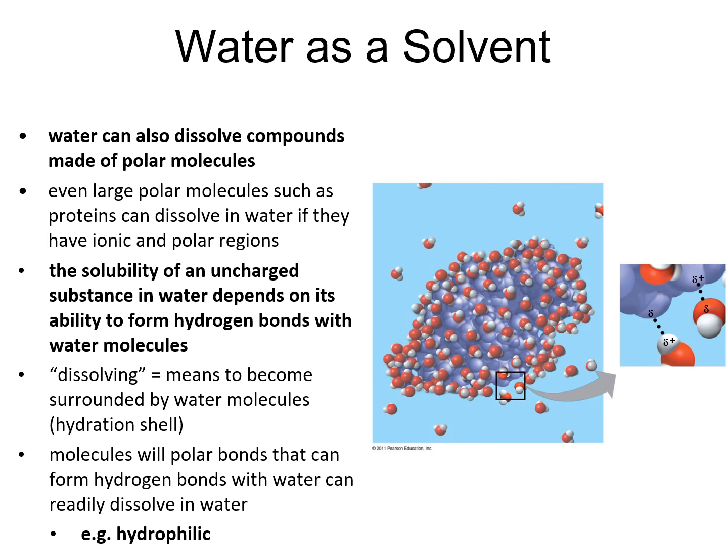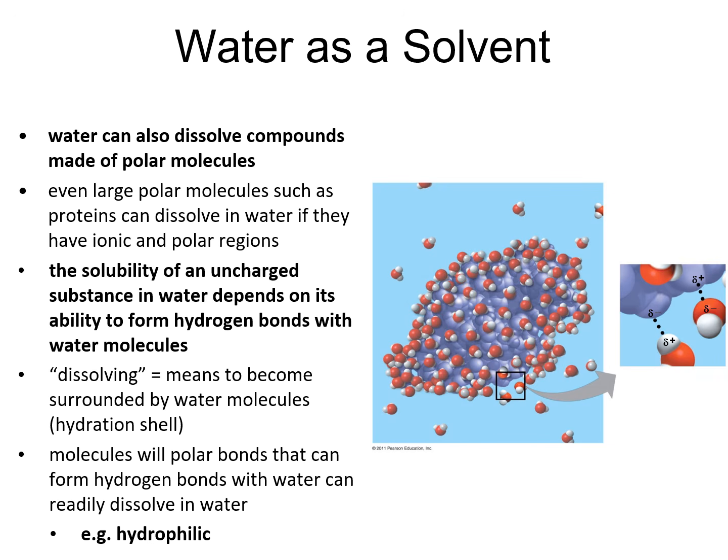The example in the previous slide was the dissolving of an ionic compound into individual charged ions and the surrounding of those ions with water. Well, that's easy to understand, but water can also dissolve compounds that are polar. Even large polar molecules, such as big proteins, can dissolve in water if they have ionic and polar regions that will interact with water molecules.